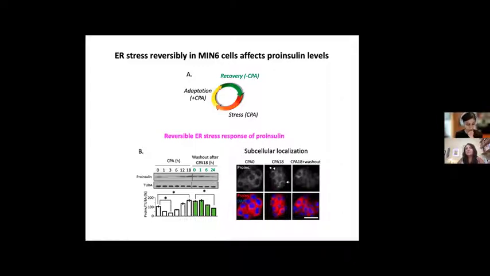Interestingly, the subcellular localization of proinsulin is in cytoplasmic inclusions at CPA 18 hours, which disappear when the stressor is washed out. This suggests that proinsulin may accumulate perhaps in premature granules. So the fate of this proinsulin can be very interesting and can explain the proinsulin which is found in T1D in the plasma.